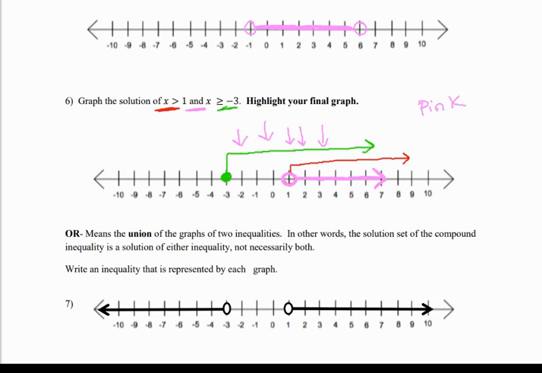Now, what if my problem said, like I said earlier, X is greater than, is everyone listening? This is not on the paper, so just listen. If X is greater than 10 and X is less than 0, what numbers are greater than 10 and less than 0?